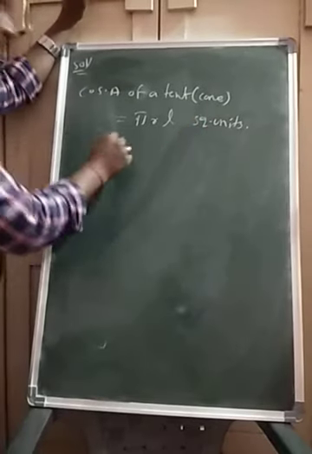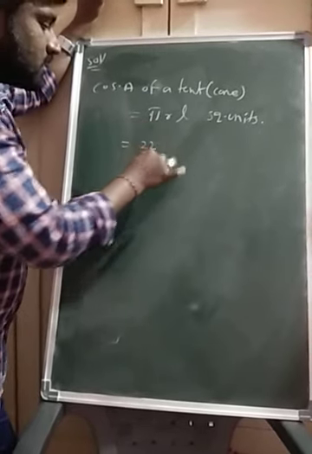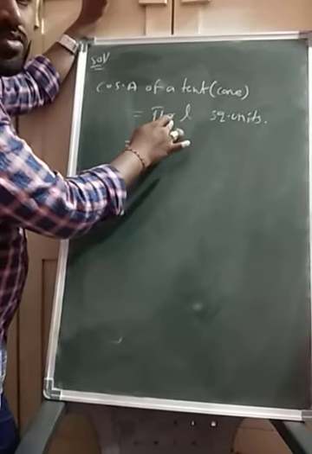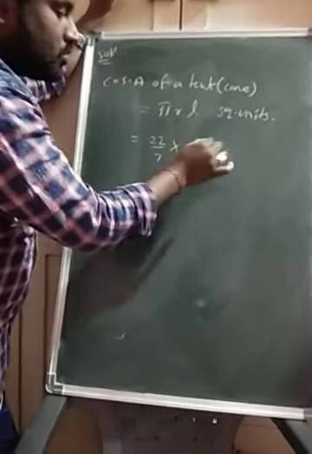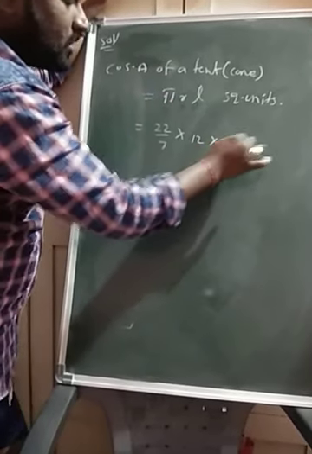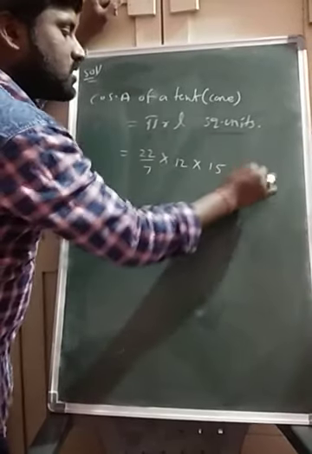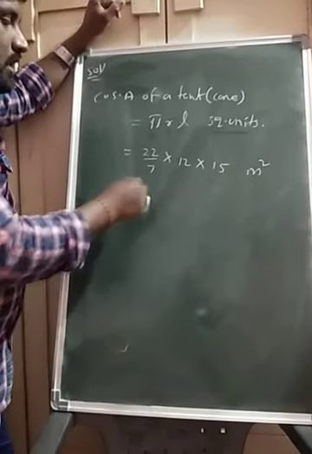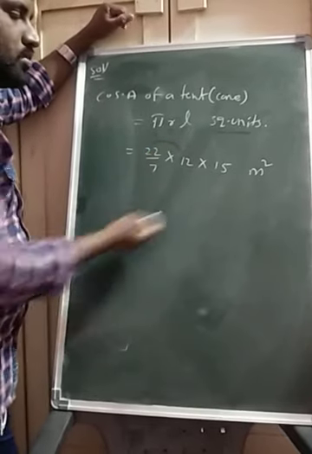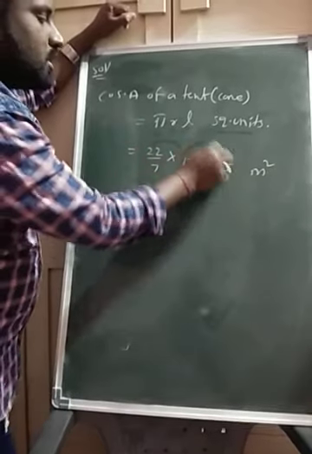Pi is 22 by 7, into the base radius 12, into the slant height 15. The units are meters, so square units means square meters. Can we cancel here? No. So we just multiply 22 into 12 and 12 into 15.